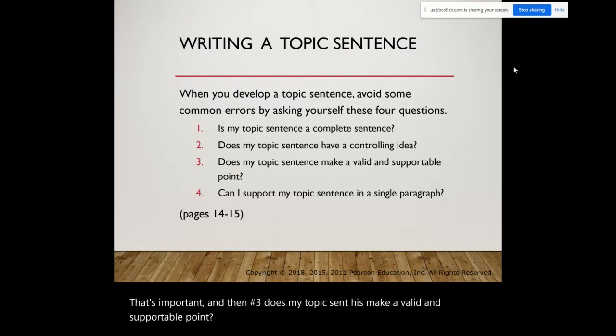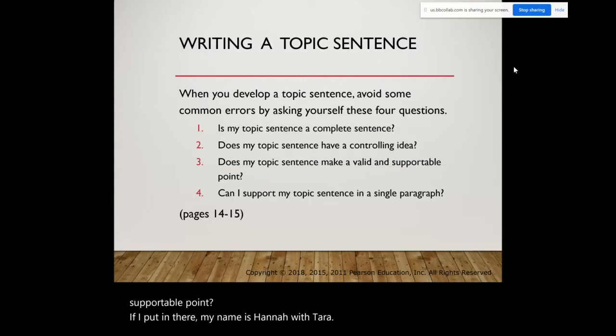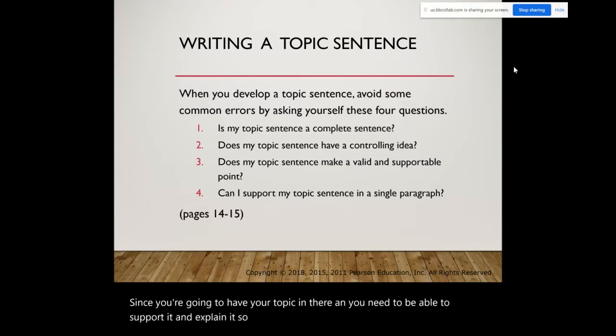That's important. And then number 3, does my topic sentence make a valid and supportable point? If I put in there, my name is Hana Ouattara, is that a supportable point? Am I trying to tell you only about my name? If you have a topic sentence, you're going to have your topic in there, and you need to be able to support it and explain it. So how can I explain my name to you? My name is Ouattara.